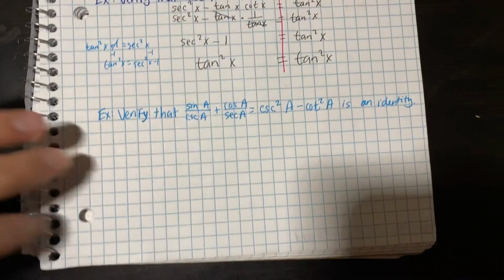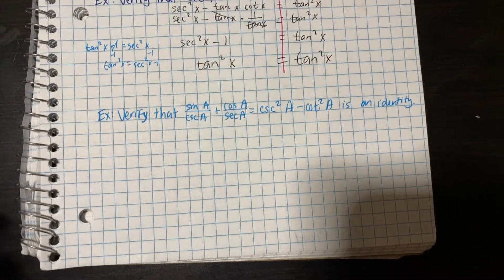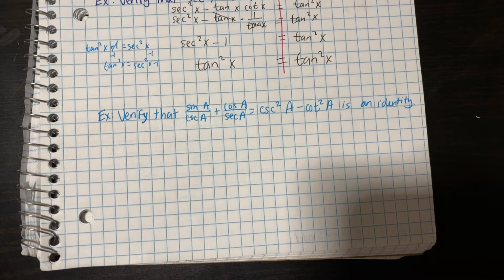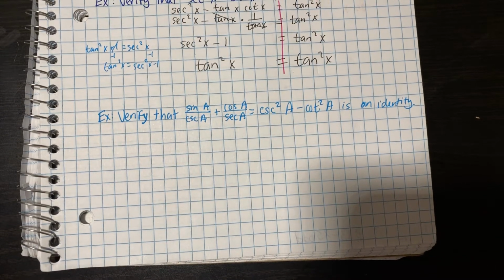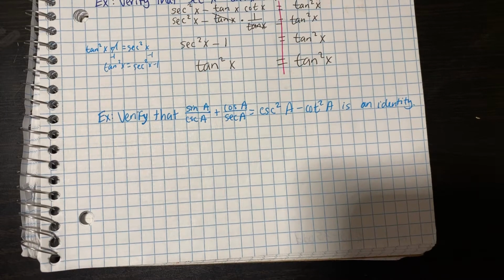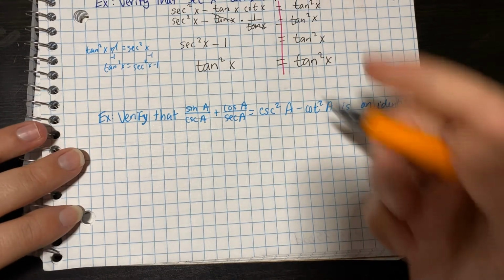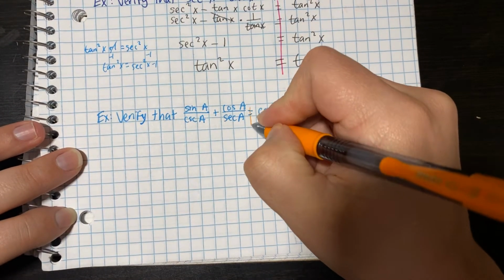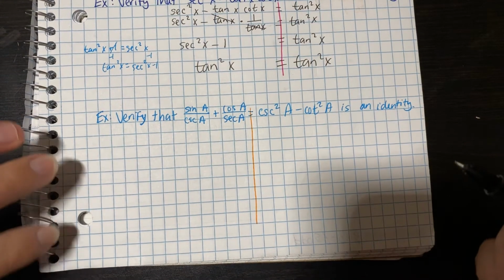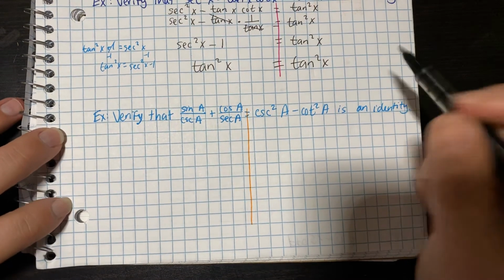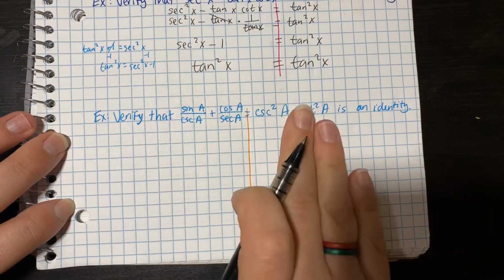I don't want to rewrite this, and so just for memory's sake, my beautiful pink pen has gone MIA, so orange it will be. I'm just going to make a line right here just to remind us that we're not moving things to either side. We're just working on this side of orange and this side of orange.